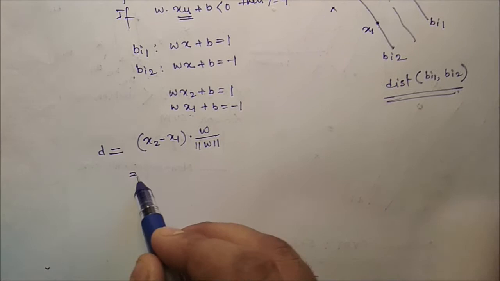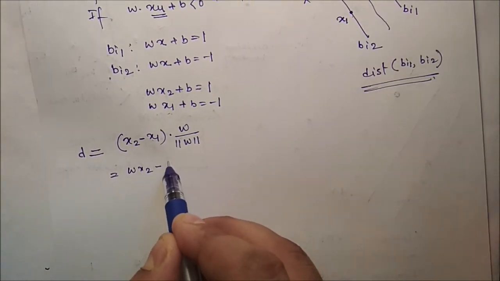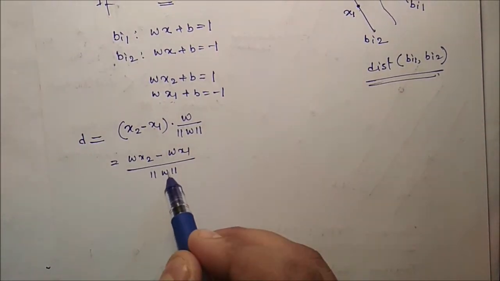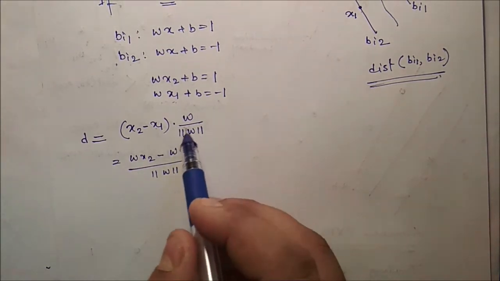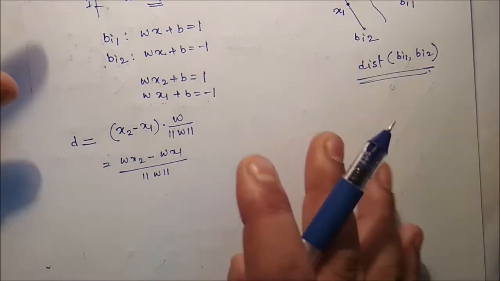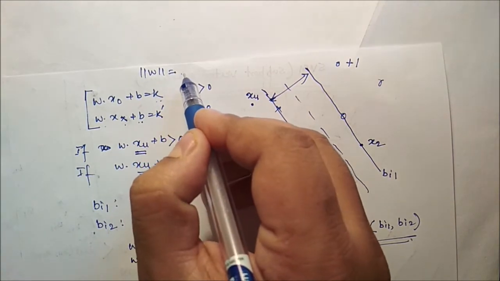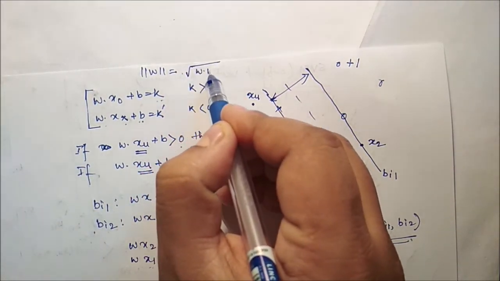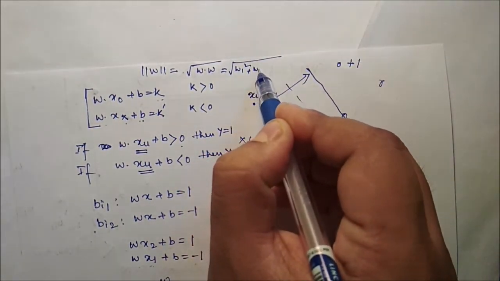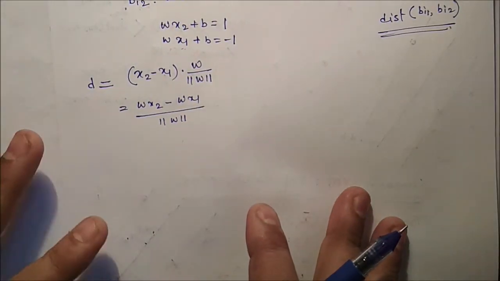So if we solve it, you can see w x2 minus w x1 divided by the Euclidean norm of w. The Euclidean norm of w is the square root of w dot w, or we can write the square root of w1 squared plus w2 squared and so on.